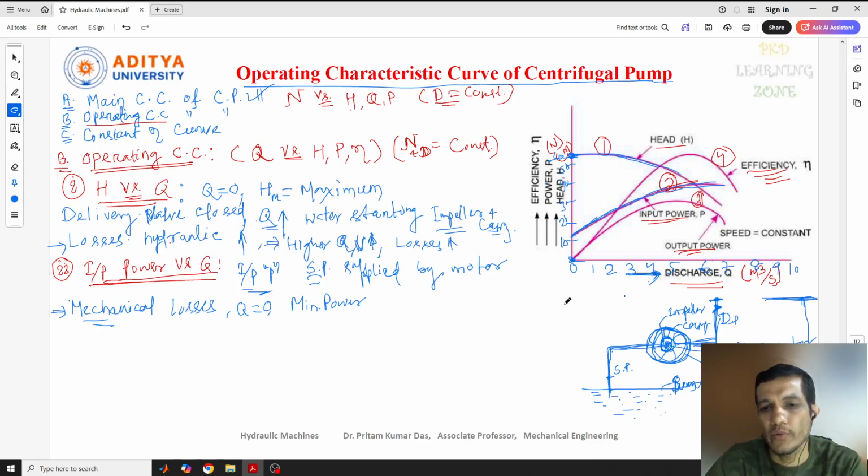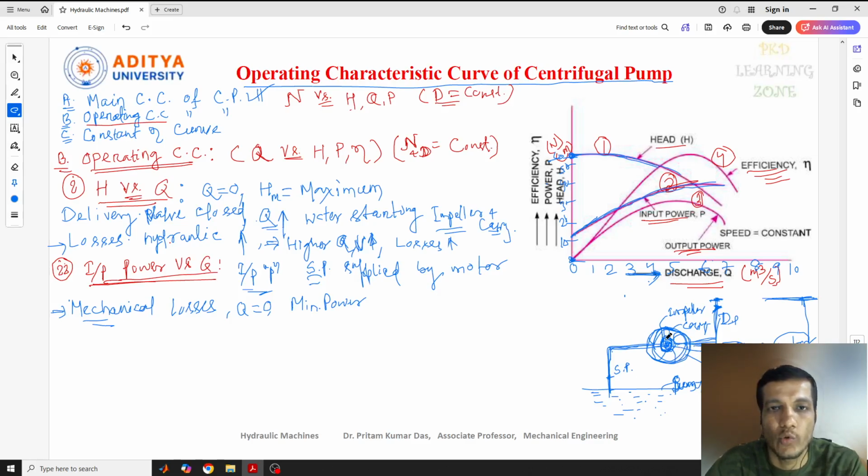Now suppose zero discharge is there, that means the pump is closed or the pump has completed its work. When you start the pump, at least at the initial level we need some power. While discussing cavitation and priming conditions, especially priming, initially we supply some power to the motor, which is supplied to the shaft, and by that it rotates. Initially there will be some losses in the pump.